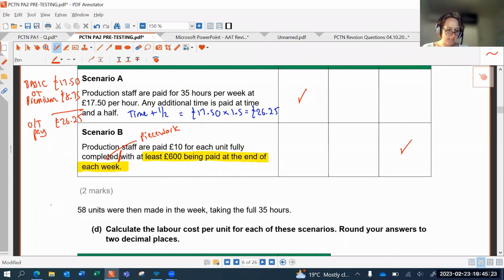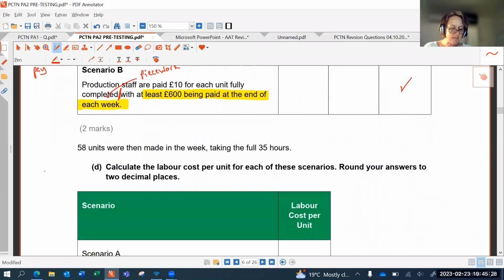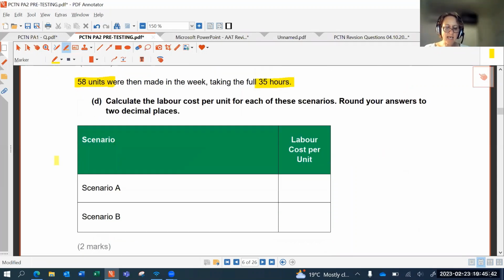Now, thinking about what we know from the figures there, it goes on to say 58 units were made in the week and they took a full 35 hours. So the staff worked for 35 hours and 58 units were made. Calculate, and I'll tell you a secret here.